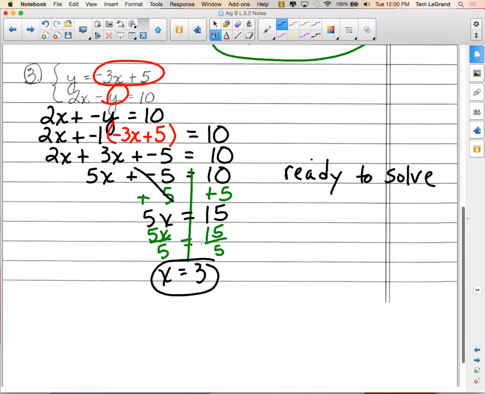that? Yeah, okay. I really don't want to work very hard, so I say, oh, I like the equation that y is by itself, since that's what I need is y.